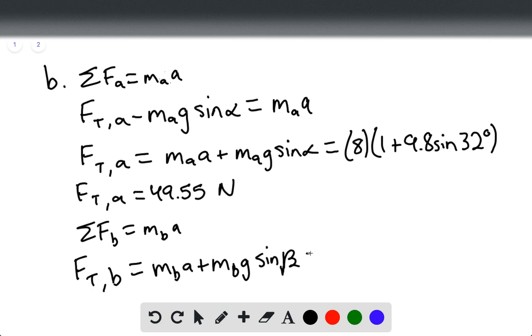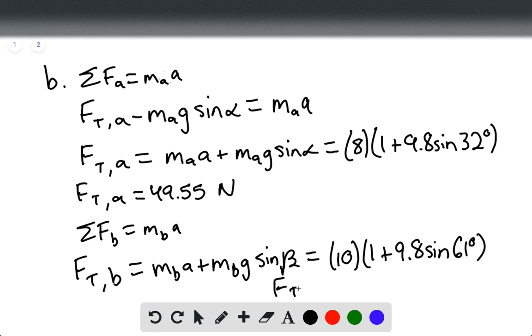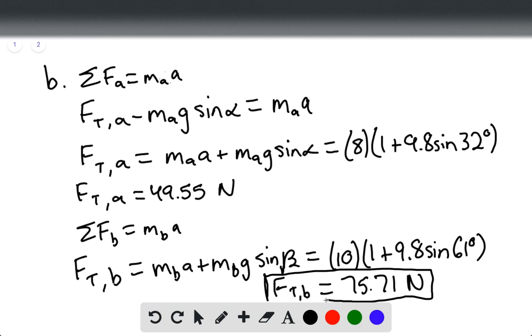So in this case, it'll equal 10 times 1 plus 9.8 sine of 61 degrees. So we find that this force of tension in B is going to equal 75.71 newtons. So these will be your answers for part B.